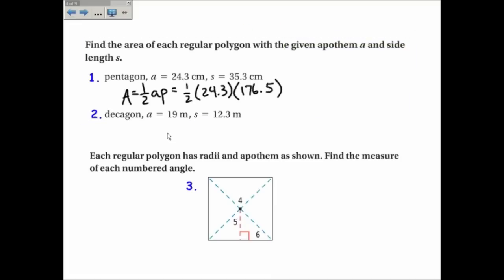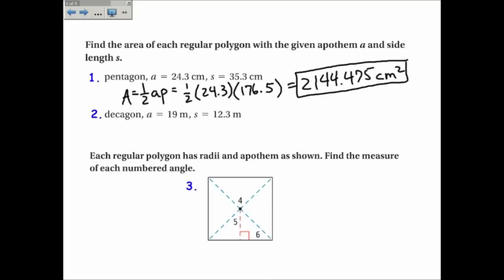So to find the area of this regular pentagon, it's 1/2 times 24.3 times 176.5, and I get 2,144.475 square centimeters.